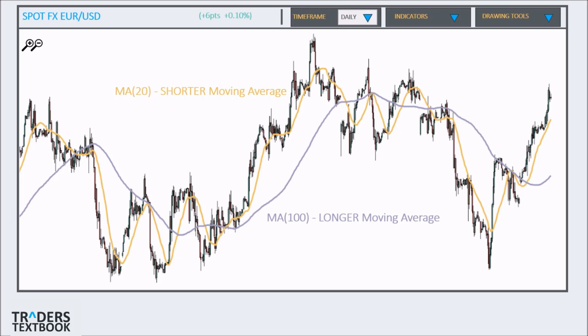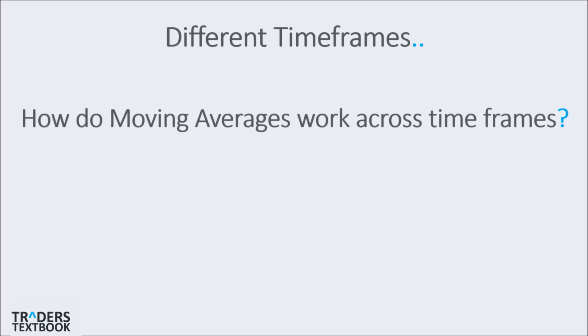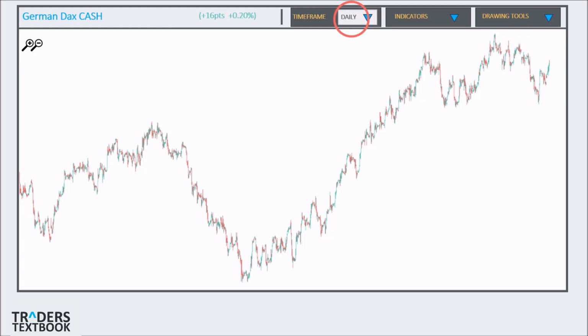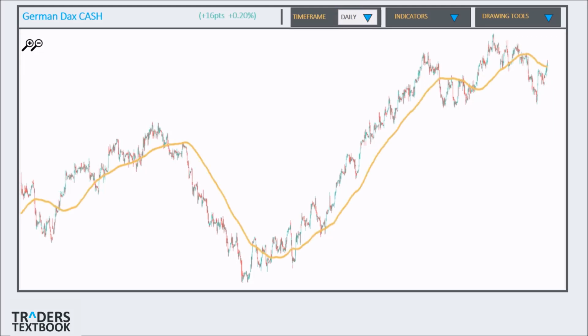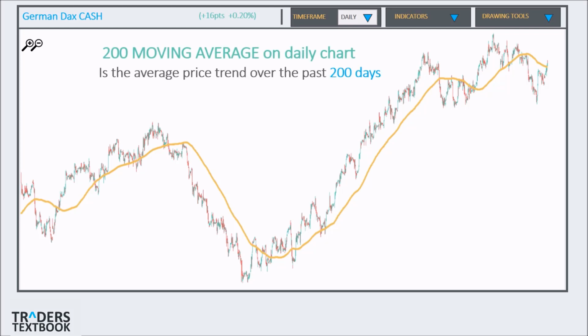So let's quickly discuss time frames and how moving averages work across different time frames on your chart. It's super easy. If we have a daily chart and then plot a 200-period moving average, it means that this moving average is based on the past 200 days. So the moving average will show us the trend, or the average price for the past 200 days.